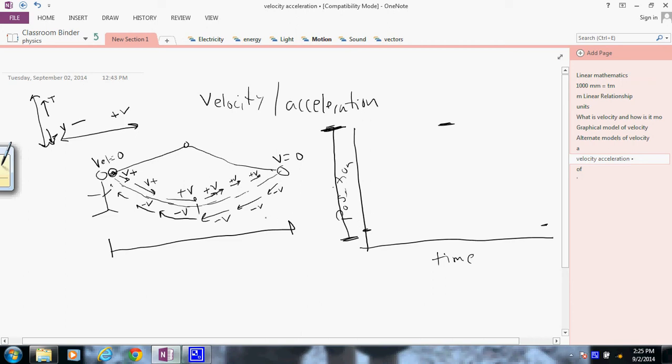You note that at some point, because I'm changing my speed, I have an acceleration issue here. I am accelerating down, and this is the point where I'm the fastest. Either way, I'm fastest in the middle, and I'm slowing as I go up or accelerating as I come down. So my acceleration is going in this direction, and it is going to be positive acceleration.